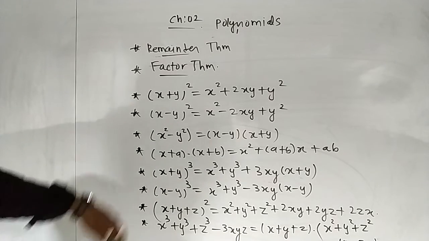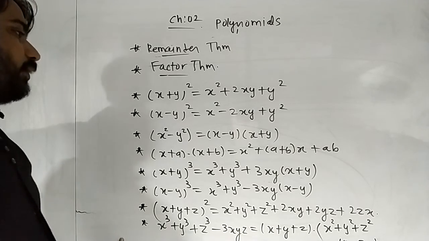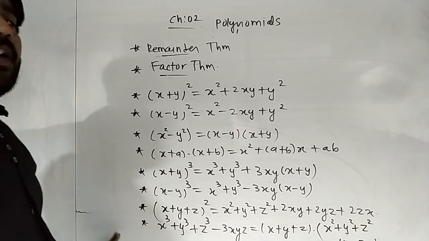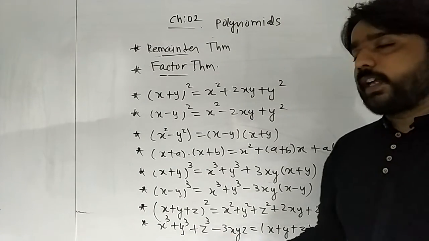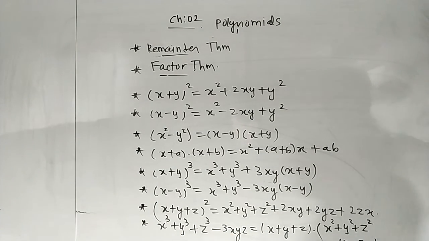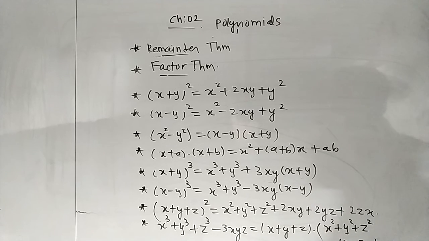So after learning the factor and remainder theorem, these are the 8 basic identities that we have used in chapter number 2. Apart from this, also we have verified 2 to 3 examples that can also be considered as identities. Right? So this is the basic revision of what we have done so far.